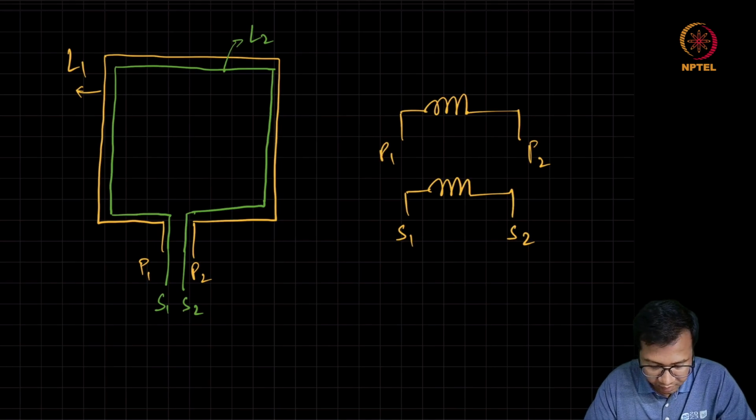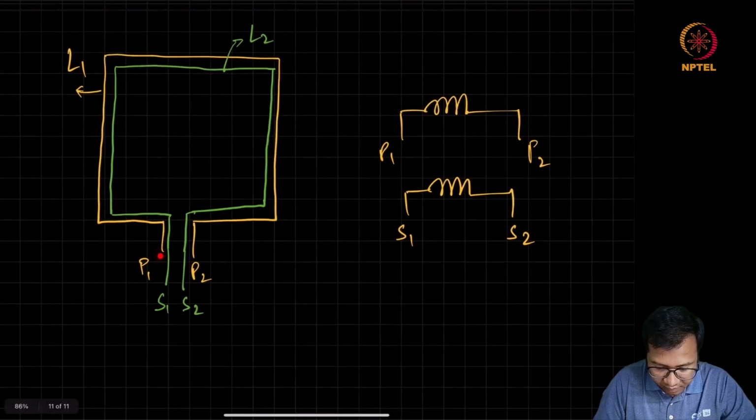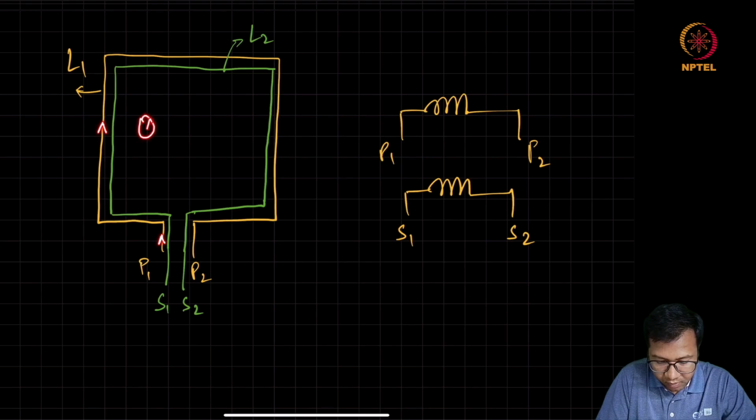Now to understand the dot convention, we can very easily verify. If a current is entering P1, it is going to create this kind of magnetic field, and this magnetic field is going to induce voltage or current in L2 in such a way that the induced current should flow in this direction.